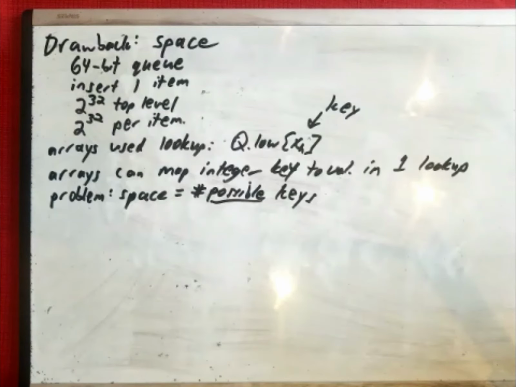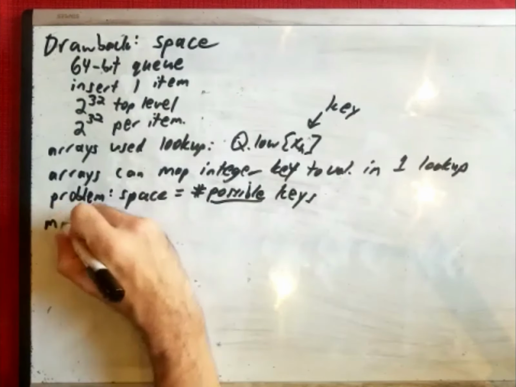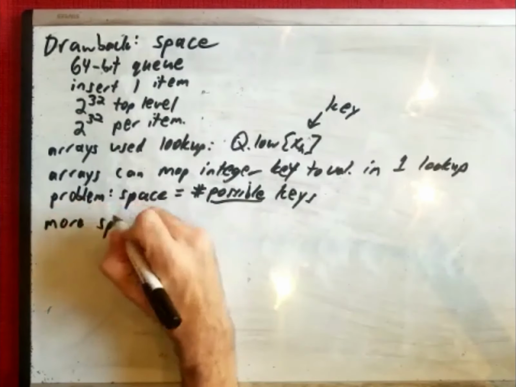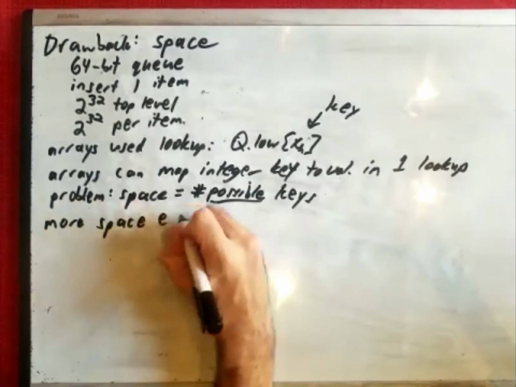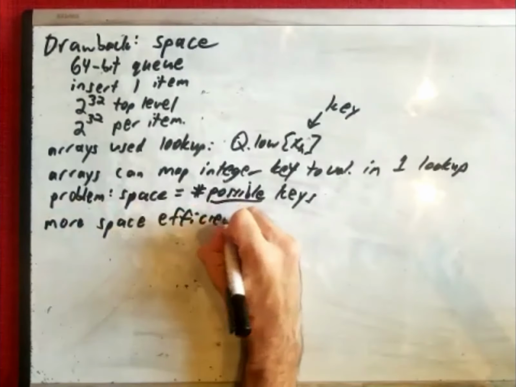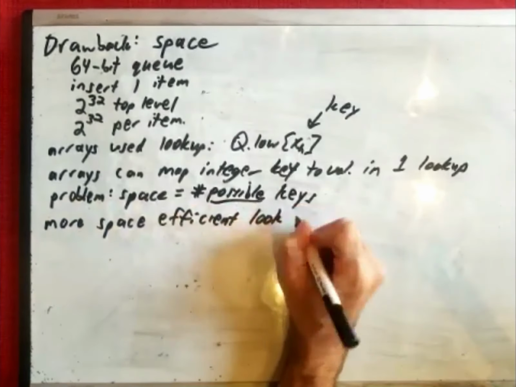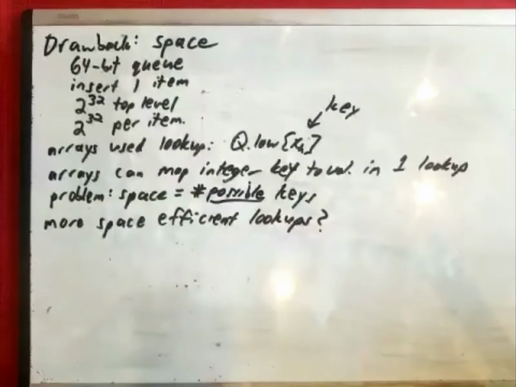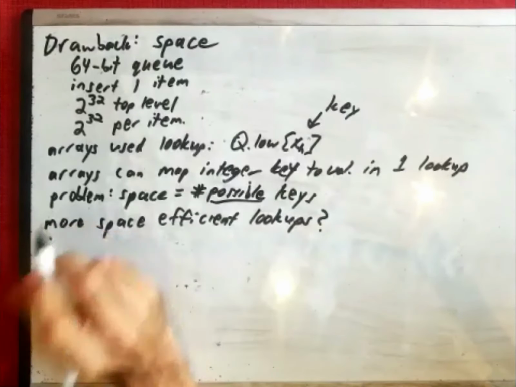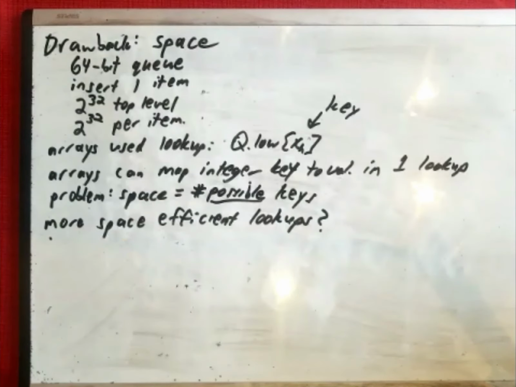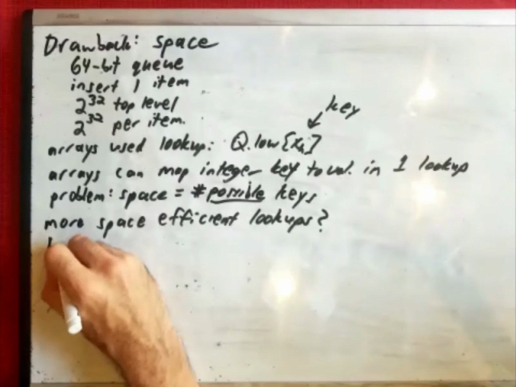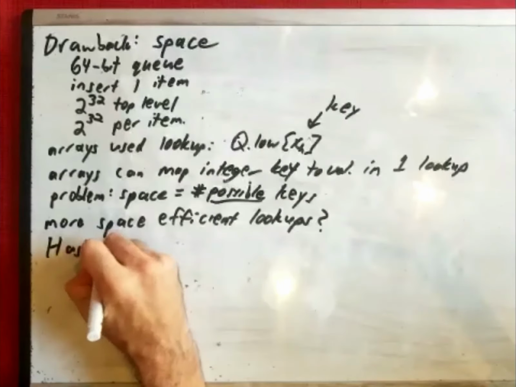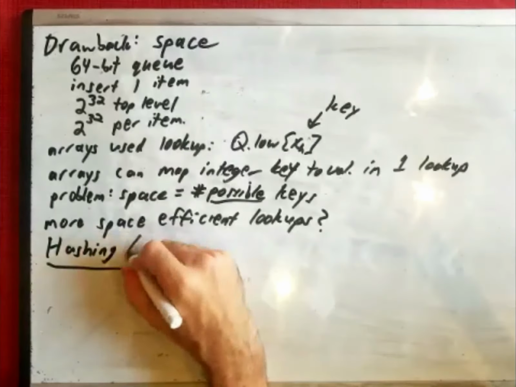So the next thing we're going to ask about is how might we more efficiently store a certain number of items to support these constant time lookups. Hash maps? Sorry? Nothing. Okay. The answer we're going to explore is what's known as hashing or hash tables.